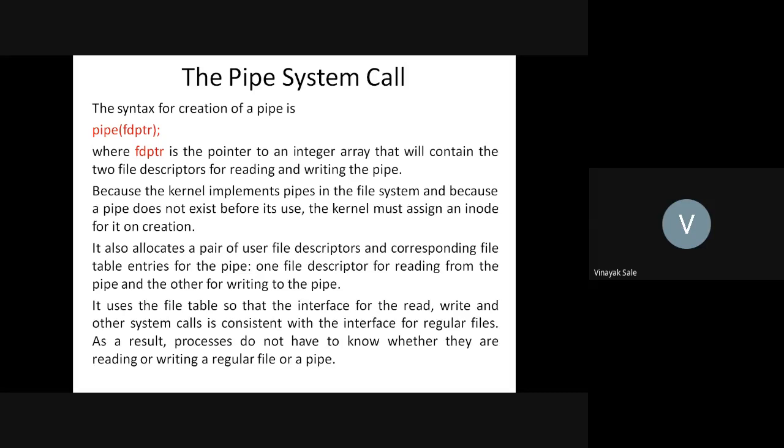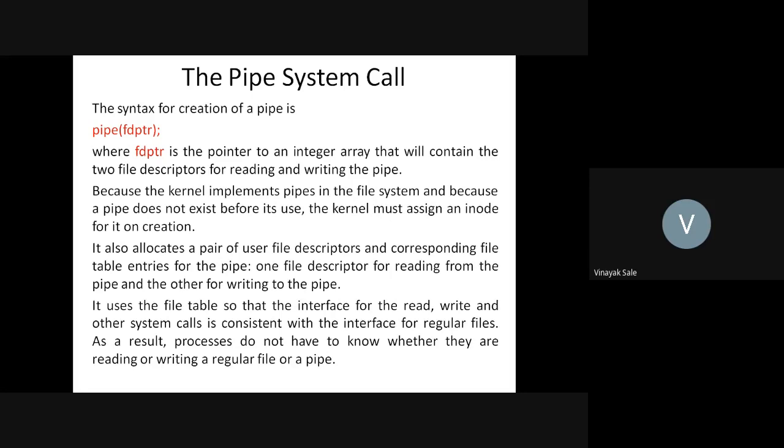Because the kernel implements pipe in the file system and the pipe does not exist before its use, the kernel must assign an inode for that pipe which is created.